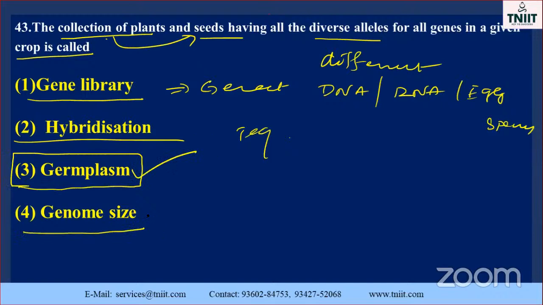Genome size is not there. Hybridization is not there. Gene library is not there. Which one is the germplasm? Germplasm is nothing but the storage of diverse characters. Collection of plants and seeds having all diverse alleles of all genes in the given crop is called germplasm. So the third one is the correct option.